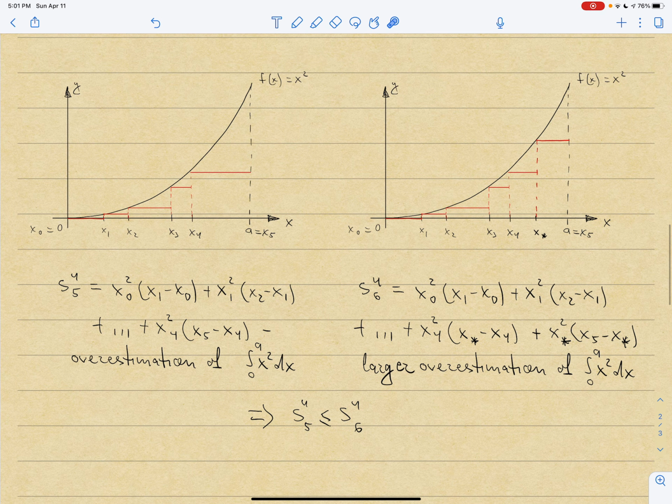Because as I refine my partitions, I'm going to get better and better underestimation. And for underestimation to be better, that means that it increases in size.